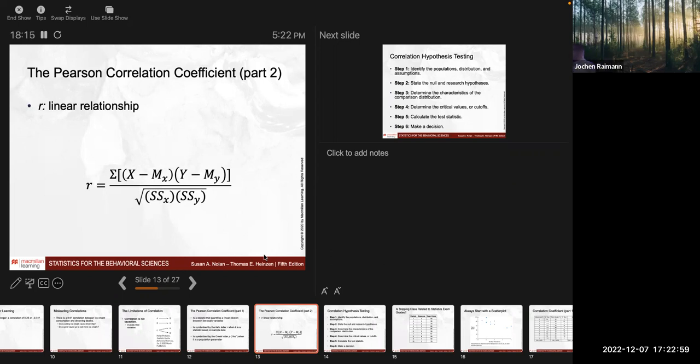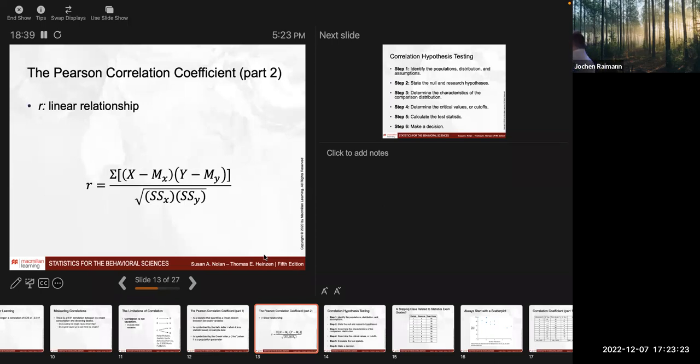You sum these deviations up, but this time you do not square them. You multiply these deviations of both variables and you sum these products up. Why do you do that? And why is it important that you have that? Because essentially what you create with that is the direction.